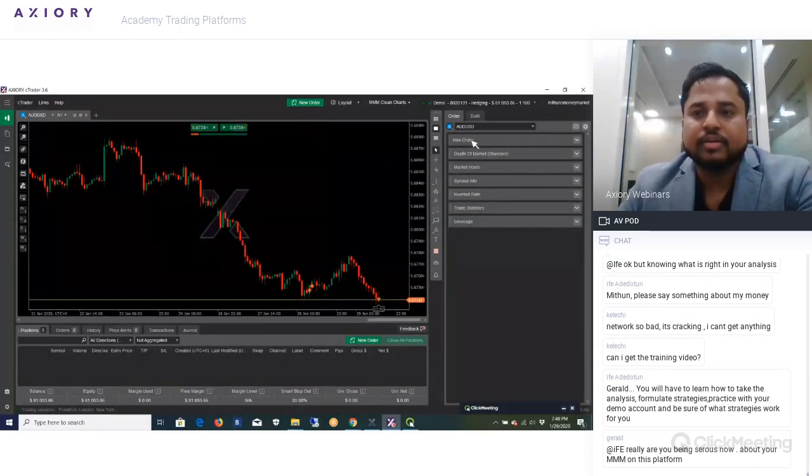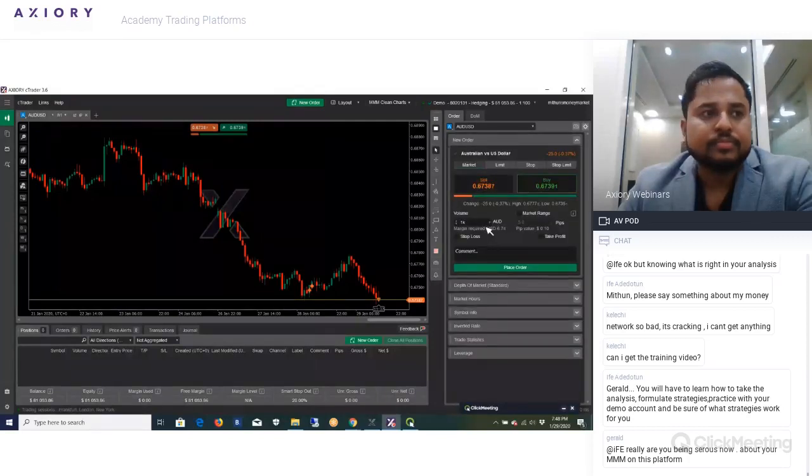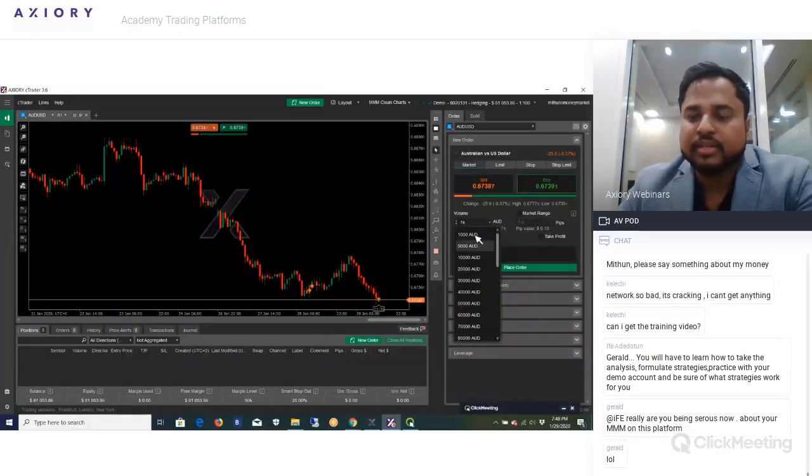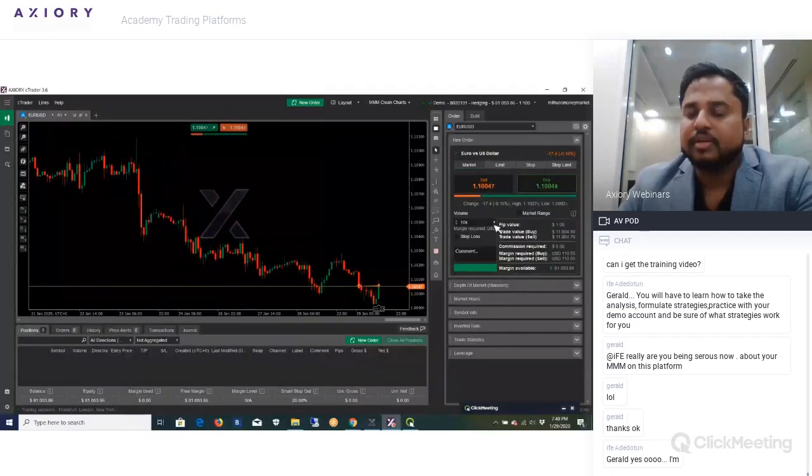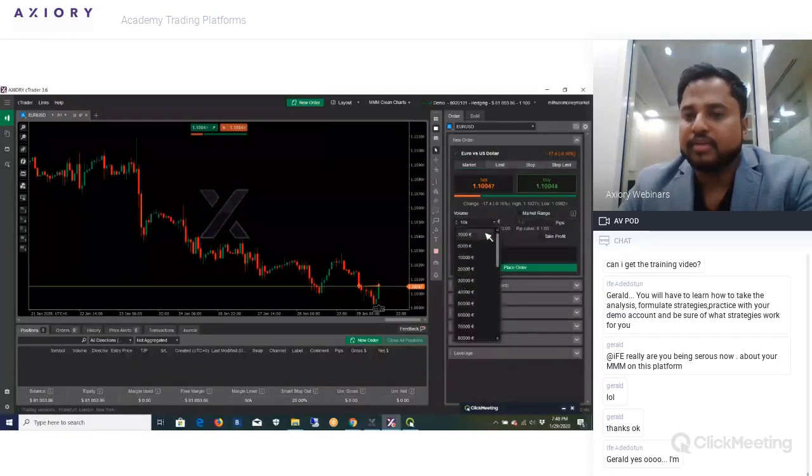So when you click here, new order, instead of the lot size, you can see the volume, like 100,000, 1,000, like that. So if you take EUR USD, you can determine the volumes accordingly.